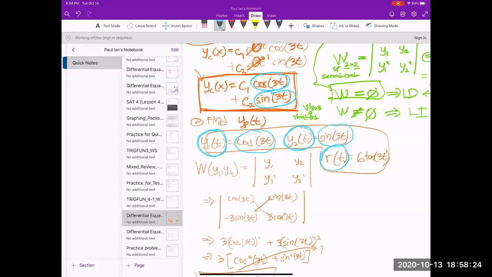r(t) is the right hand side of your differential equation, and that was 6 tan 3t.